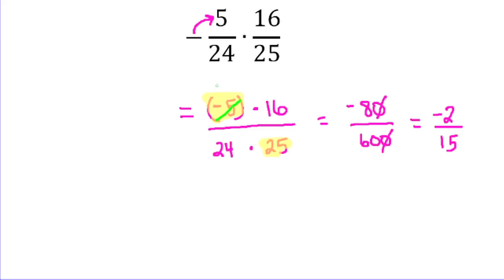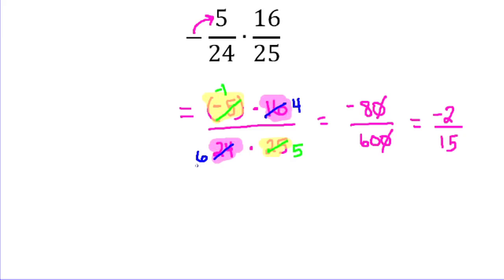That becomes a -1, and this becomes a 5. And likewise, I can simplify the 24 and the 16. They have a common factor of 4. So I can make that a 4 and make this a 6.